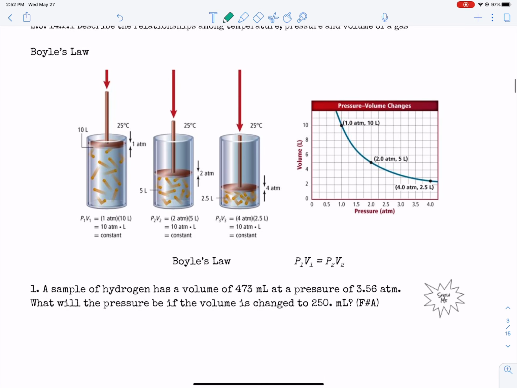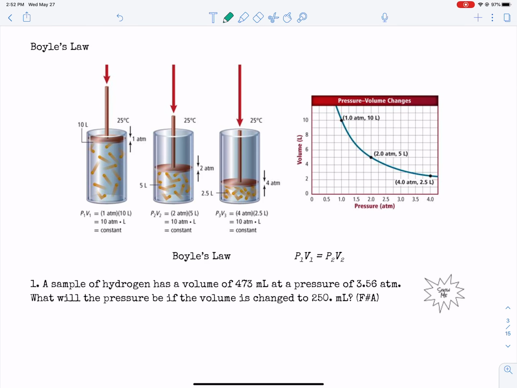The first one that we look at is Boyle's law. Look at this diagram. It shows us that the pressure in this system is 1 atm and the volume is 10 liters. Then if I push down on the system so that the pressure has doubled, look at what has happened to the volume. It has gone in half.